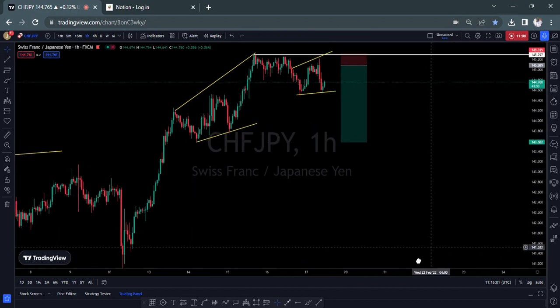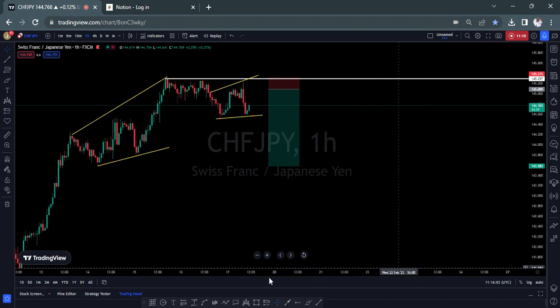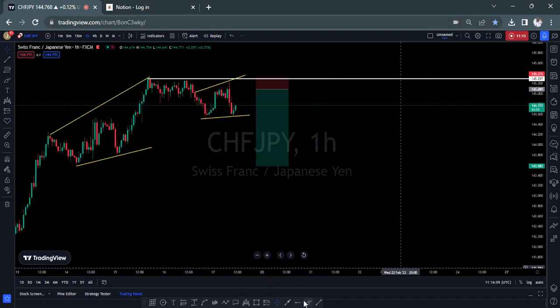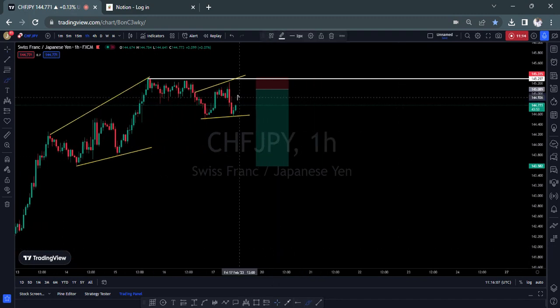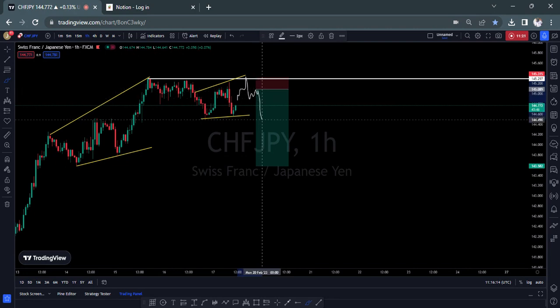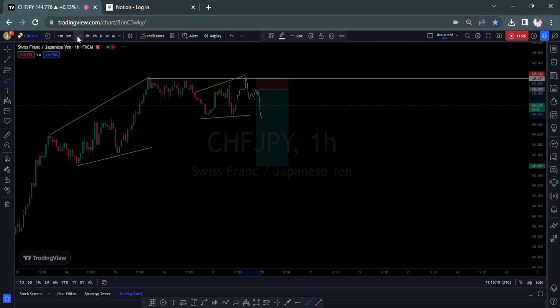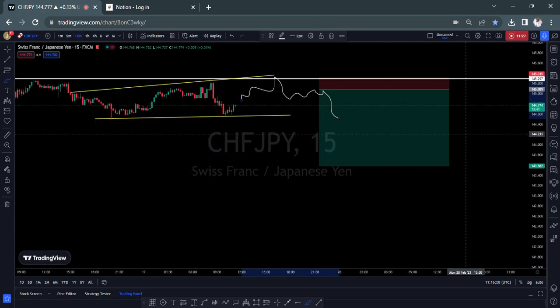This might be what I would be expecting or what would happen. Something like this, you know, then drop a correction. So that's what I would be looking forward to.